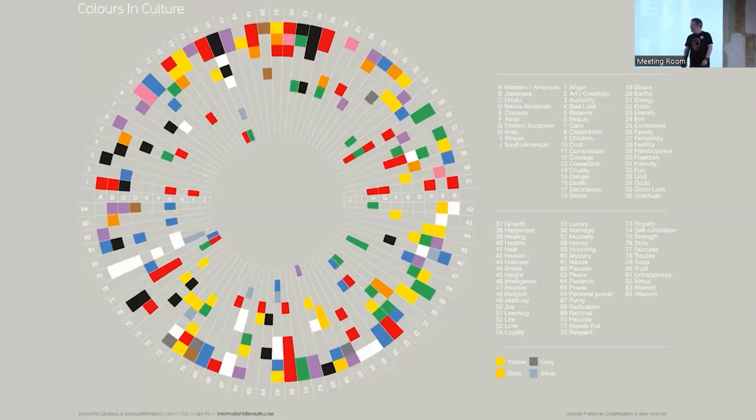So this, you can't see the white on this too much, the kind of wording behind it, but what you can see is that every particular spoke around the wheel is a different association, a different emotion. So you've got everything from anger to courage to freedom to good luck, etc., etc. And then as you go in, each of these colors represents a different culture.